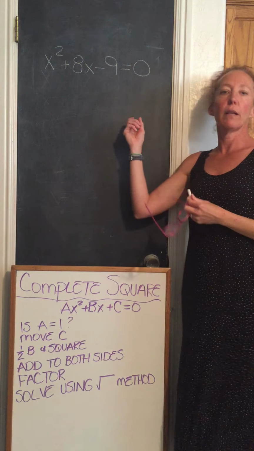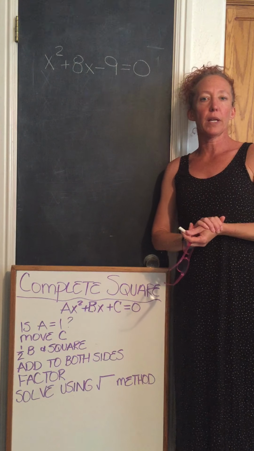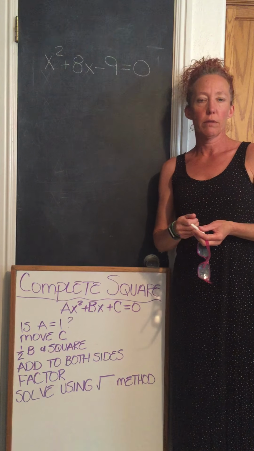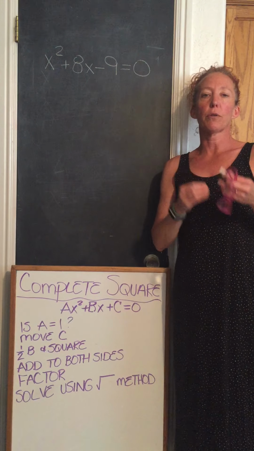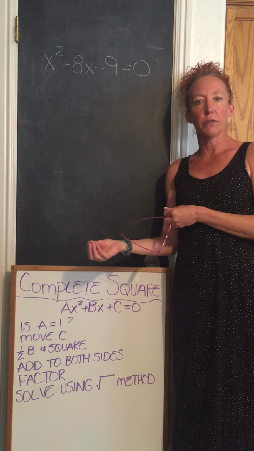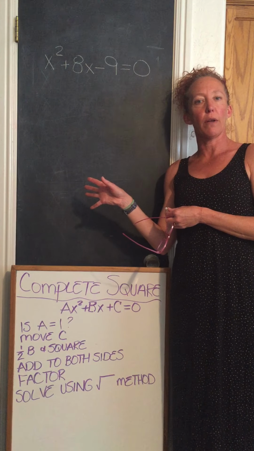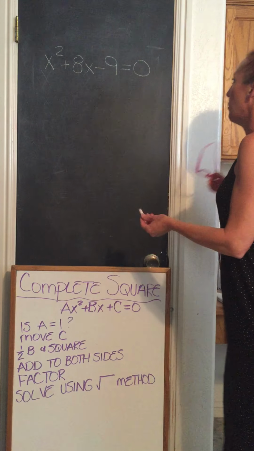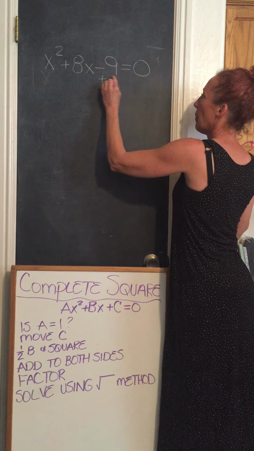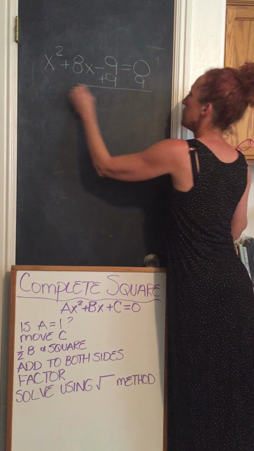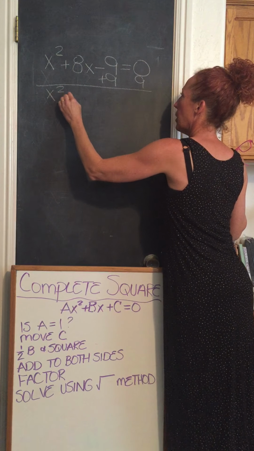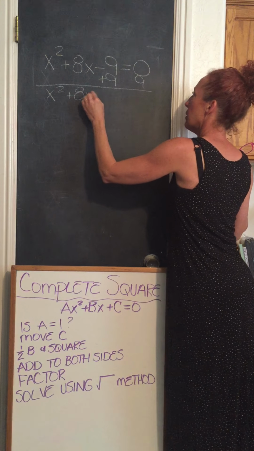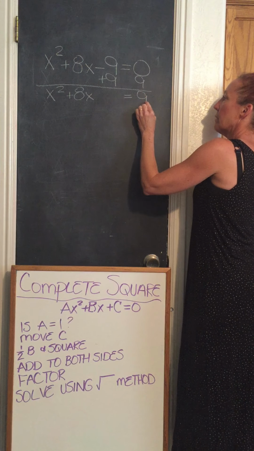All right, you might notice if you look at this real quick, you could factor this. Even though you could factor, we're going to use complete the square just to show you how the numbers are going to work out. So, step 1, add the 9, x squared plus 8x equals 9.